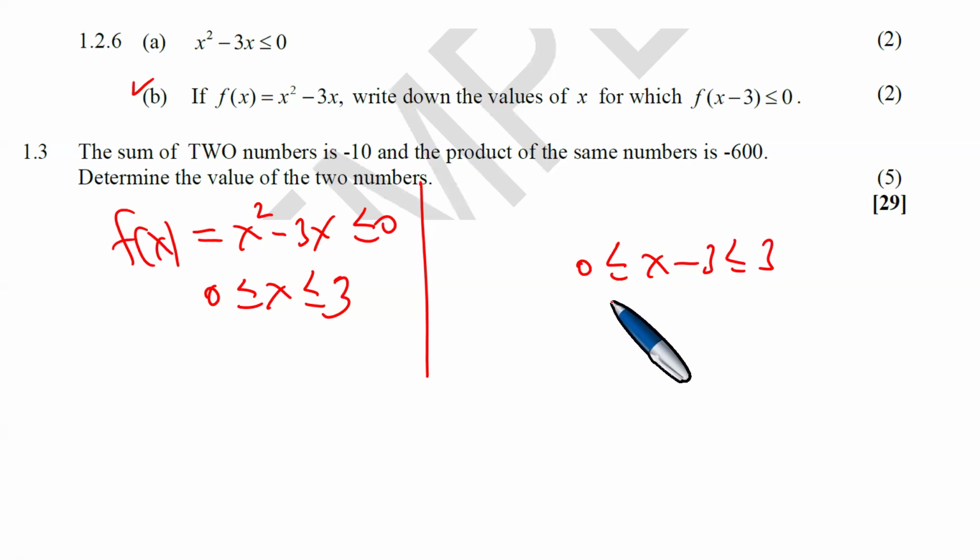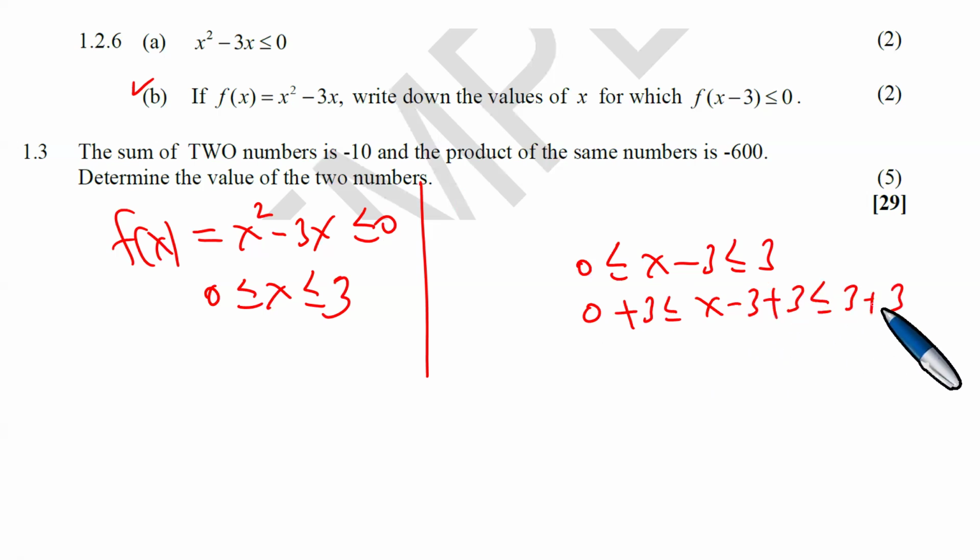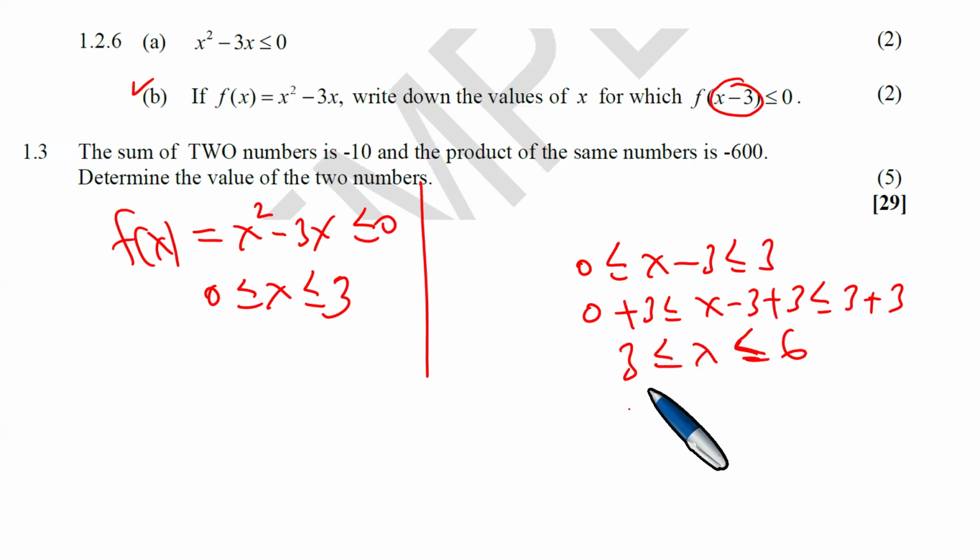We want to solve for x, so we add 3 to both sides. Adding 3 like this, obviously we just replace every x by x minus 3 in this particular inequality we got. So that is 3 is less than or equal to x, less than or equal to 6. So yeah, this is exactly what we have.